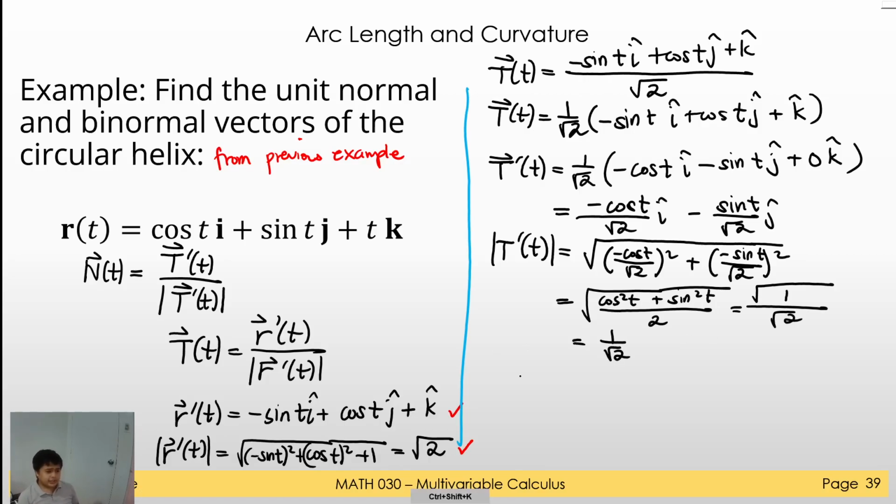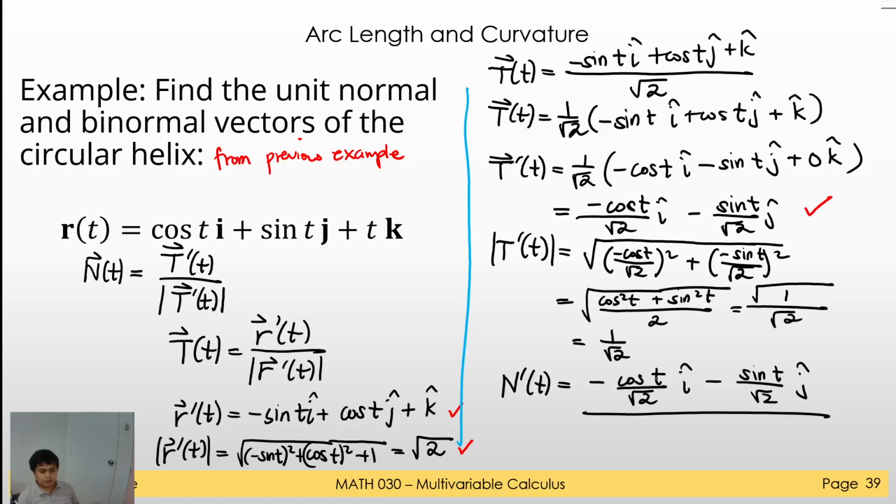Okay, now to find the unit normal vector, this will be equal to T prime of t over the length of T prime of t. So we have negative cosine t over the square root of 2 i hat minus sine t over square root of 2 j hat divided by 1 over the square root of 2.